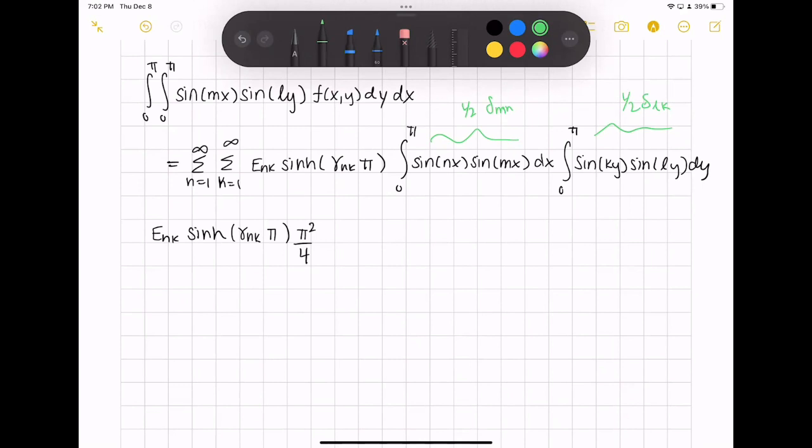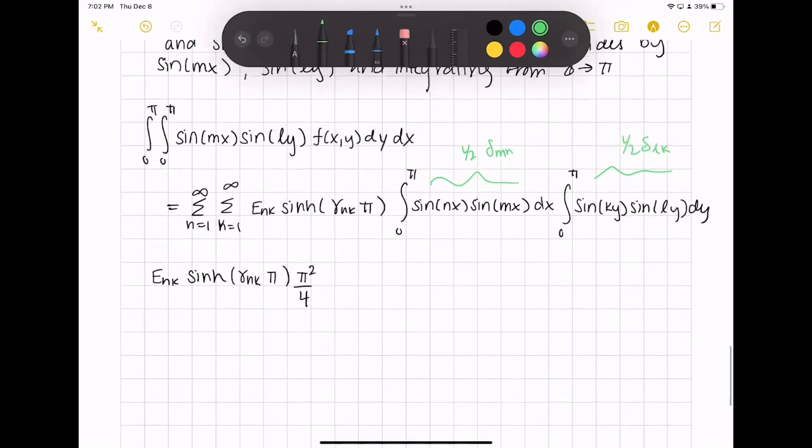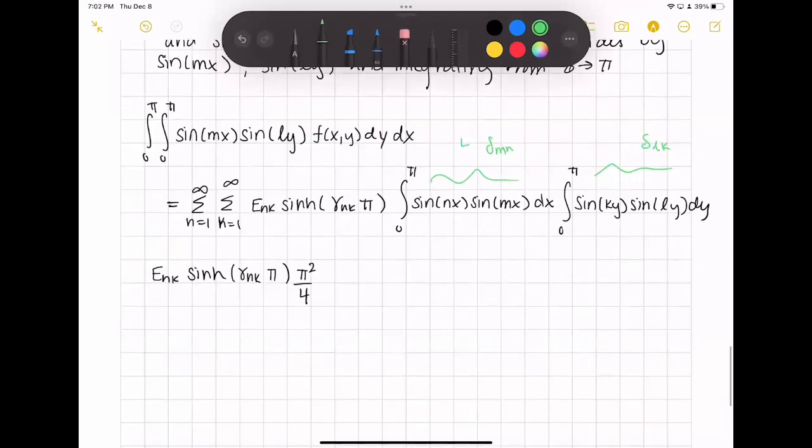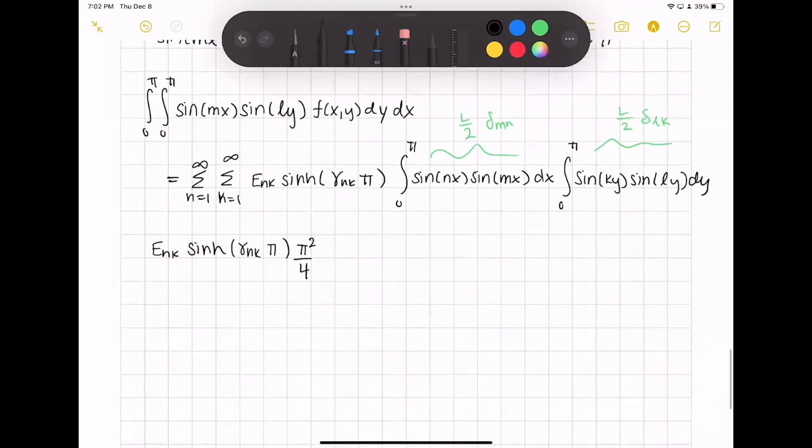Because our L is pi, that becomes a pi squared. So I could have written that out more clearly.